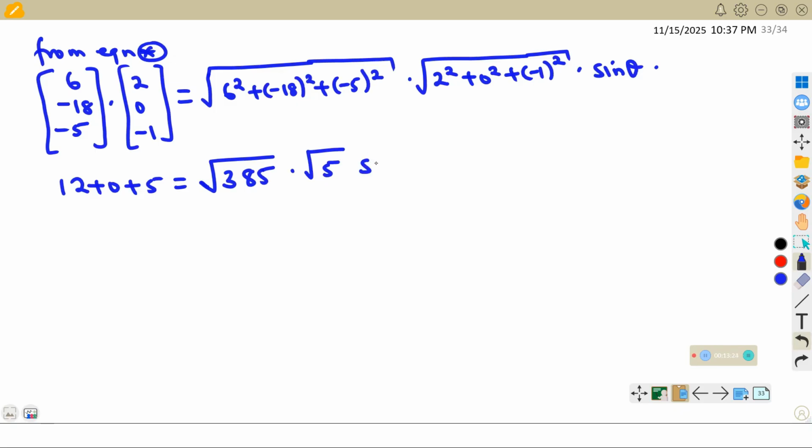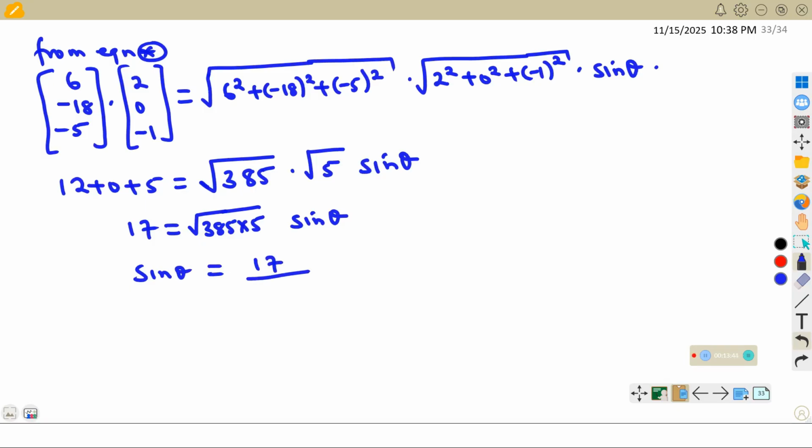So 17 equals the square root of 385 times the square root of 5 times sine of theta. It means sine of theta is 17 over the square root of 1925.